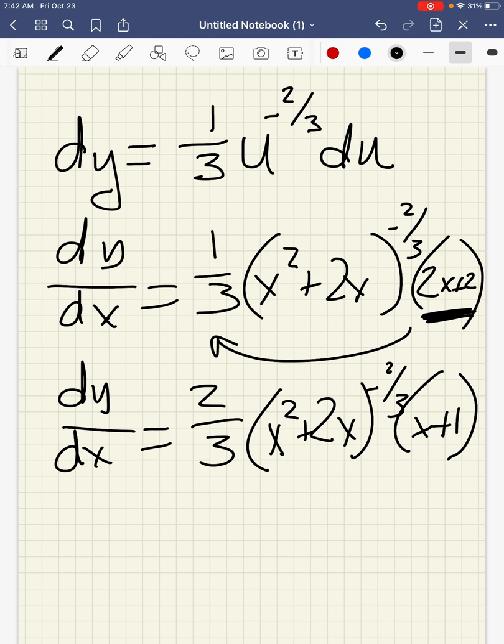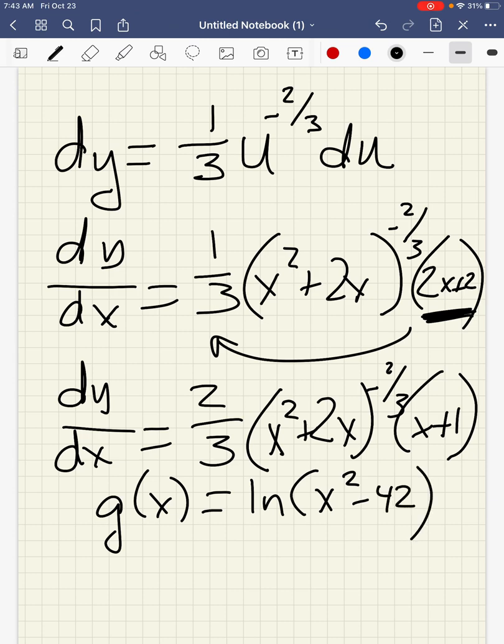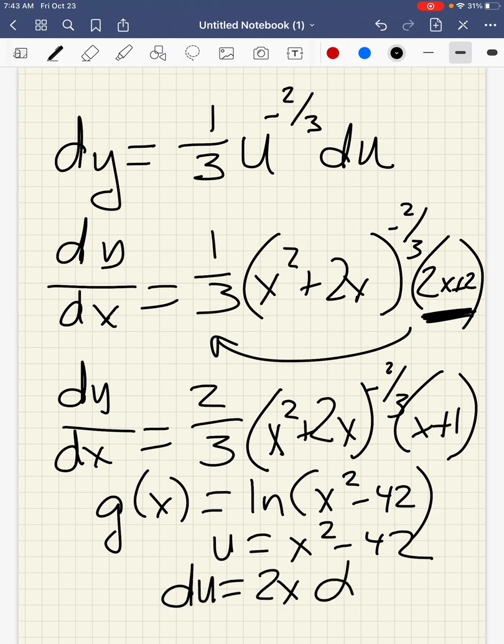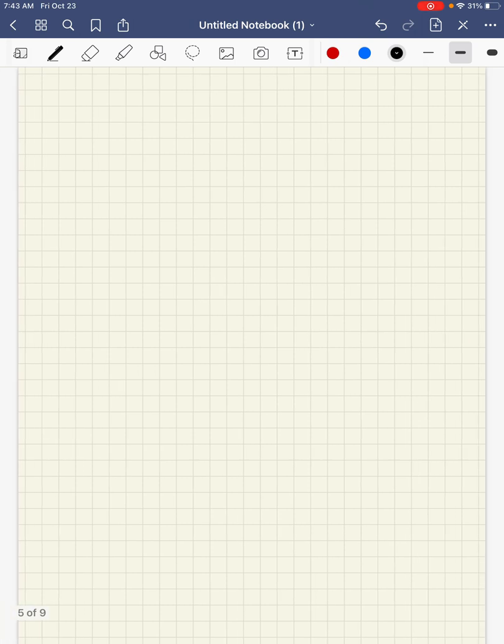All right, the next one is g of x is equal to ln of (x squared minus 42). Find g prime of x. So I'm going to say u is equal to x squared minus 42. Du will be equal to 2x dx. And I can go back and say the original equation is y equals ln of u.